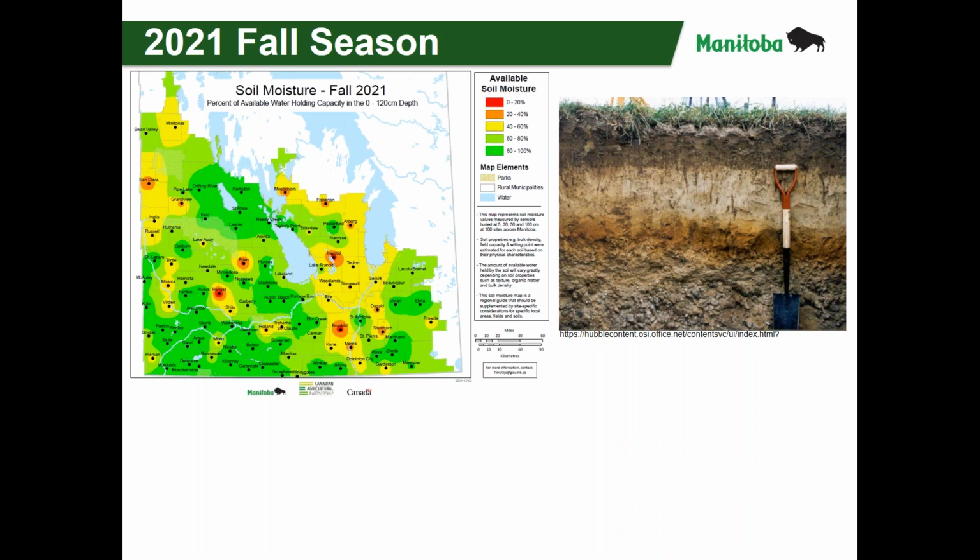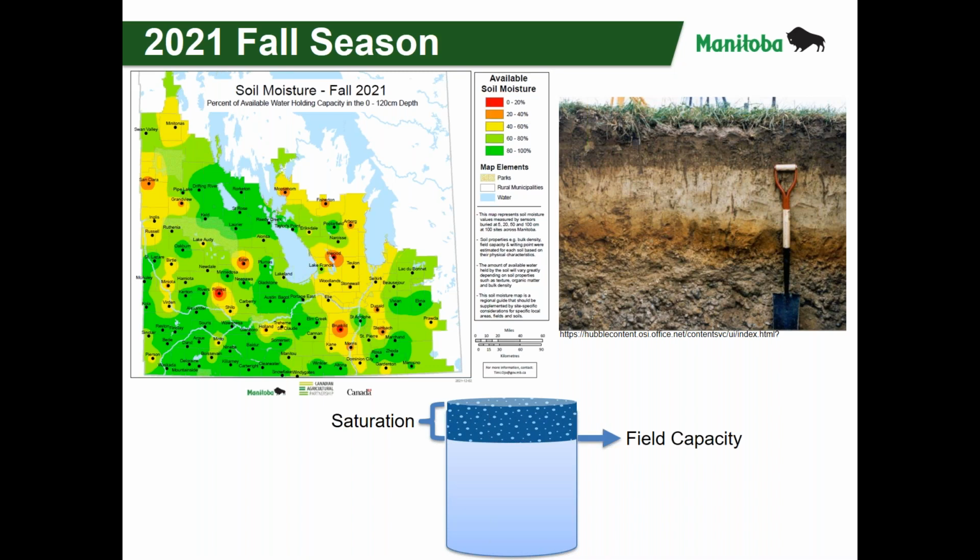Now, note that available water capacity is not saturation. And for that, I always like to use this bucket illustration. Saturation is when you have all these pore spaces filled with water and there's just excess. I always use the illustration of dipping a block of foam in water and pulling it out: you'd have excess moisture draining from it.